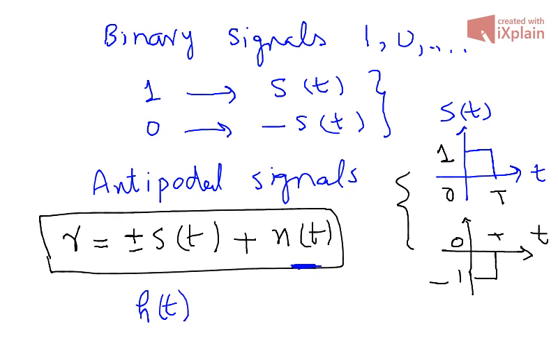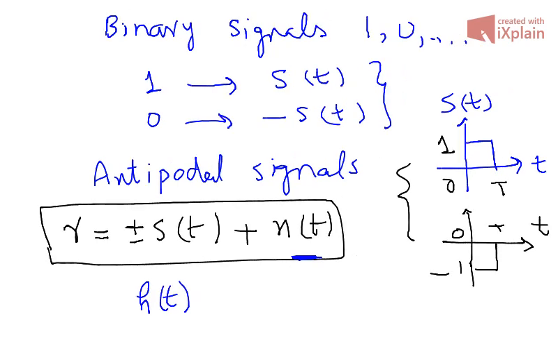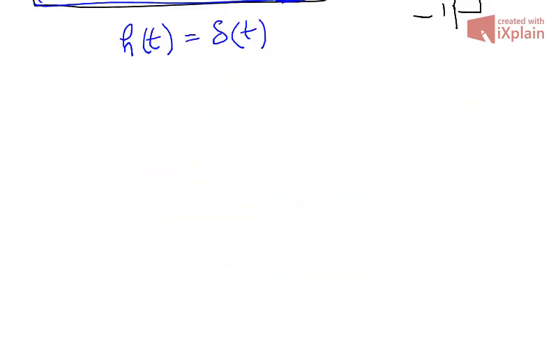But for simplicity, we are assuming that our h of t is just a delta function, delta of t, right? Then our received signal is nothing but the transmitted signal plus the noise, because the channel actually behaves as a filter.